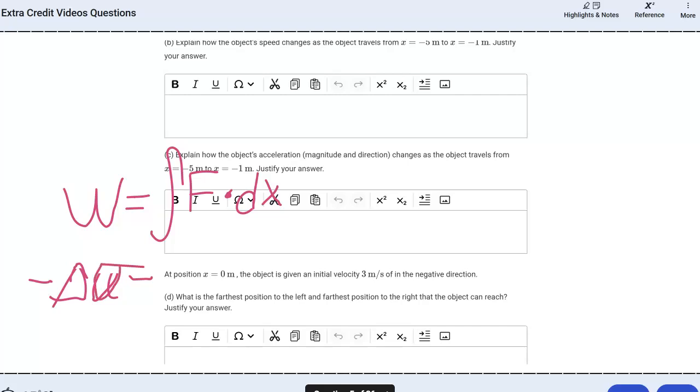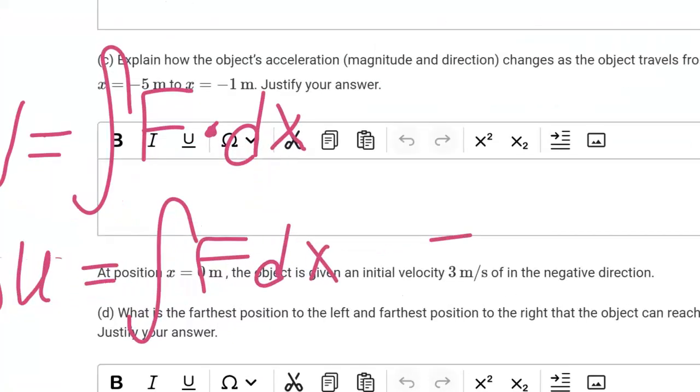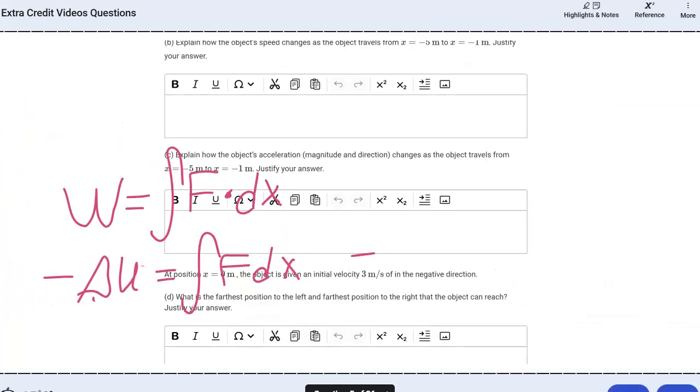So negative change in U equals integral of F dx, and then we can simply take the derivative of each of those, and we figure out that force is equal to negative d over dx of U of x.